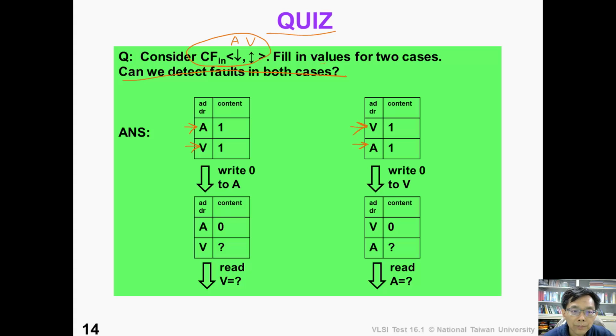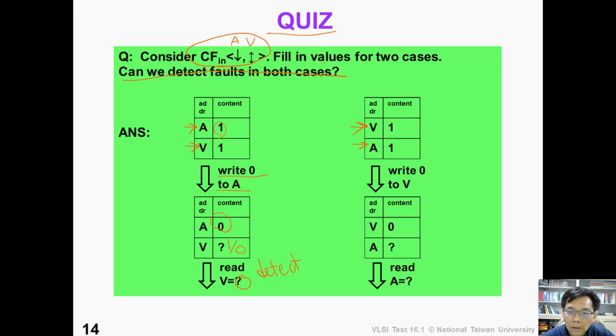Okay, are you finished? If we write a 0 to A, then we create a falling transition in the aggressor cell. So the victim cell would be complemented, which means the good value is 1 and the faulty value is 0. When we read the value from V, we can detect the fault.